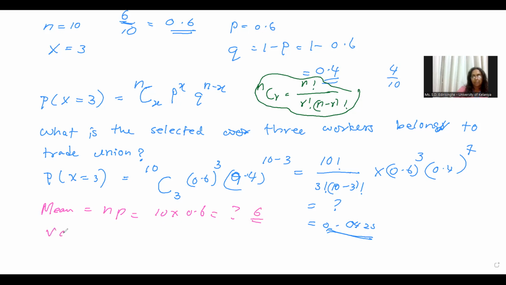So the variance, npq. So n here is 10, p here is 0.6, q here is 0.4. So find what is the answer there. What is variance?